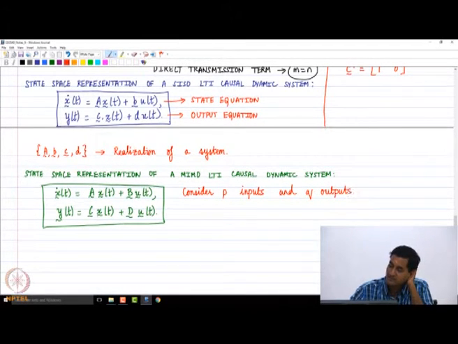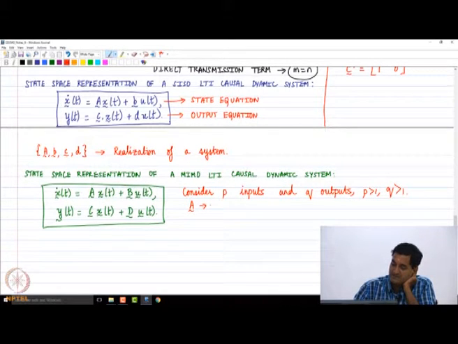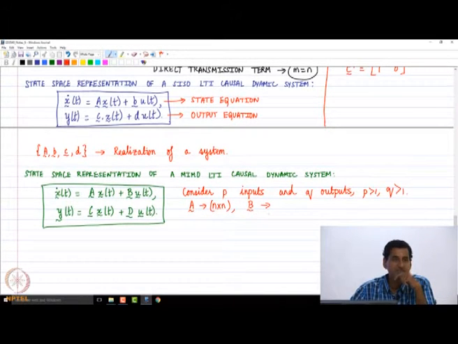Of course p and q are greater than 1 for a MIMO system. Now what do you think will be the size of each of these matrices? The state matrix A is still the state matrix, that will be n by n. That is not going to change. Now B is the input matrix. What will be the size of the input matrix?